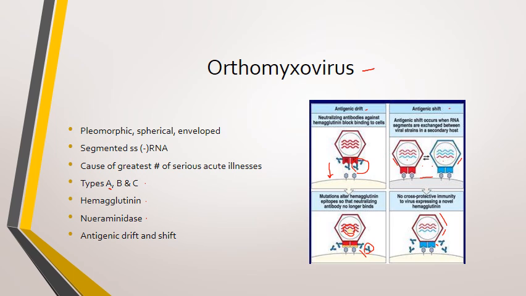Type A is further subdivided by the major surface glycoproteins, hemagglutinin and neuraminidase, that we see on the surface of the flu. This virus can infect a whole different class of hosts. It can infect swine, birds, seals, feline, horses, as well as humans.